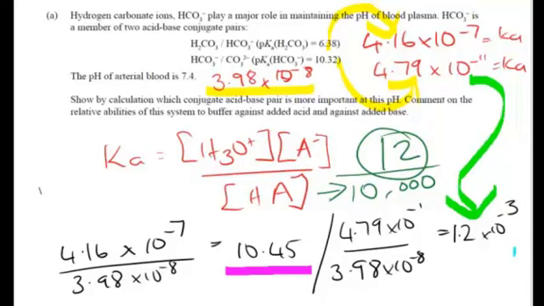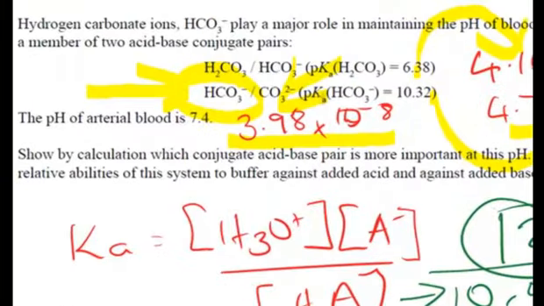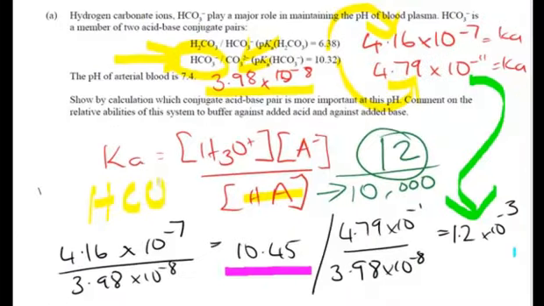So when we look at this in terms of what we have up here, for this pair, that means there's going to be a lot of the acid here, but very little of the base present. So this is going to be much better at buffering the addition of a base because there's so much acid present. That's that one there, which is the same as HCO3 minus in this case.